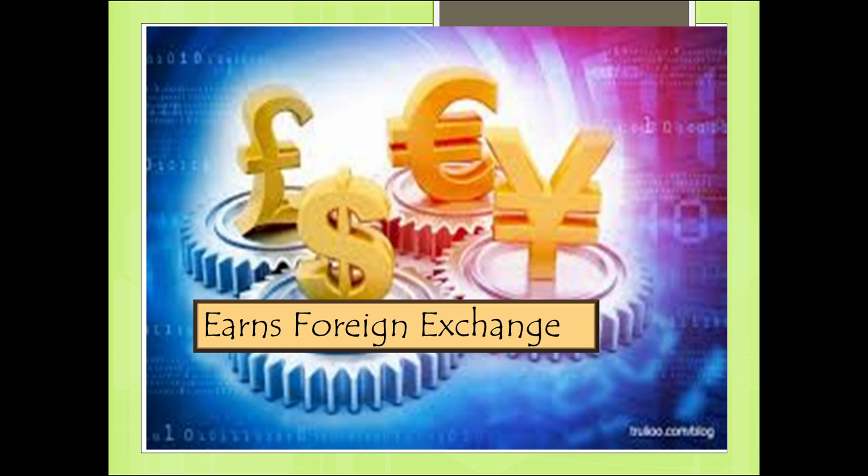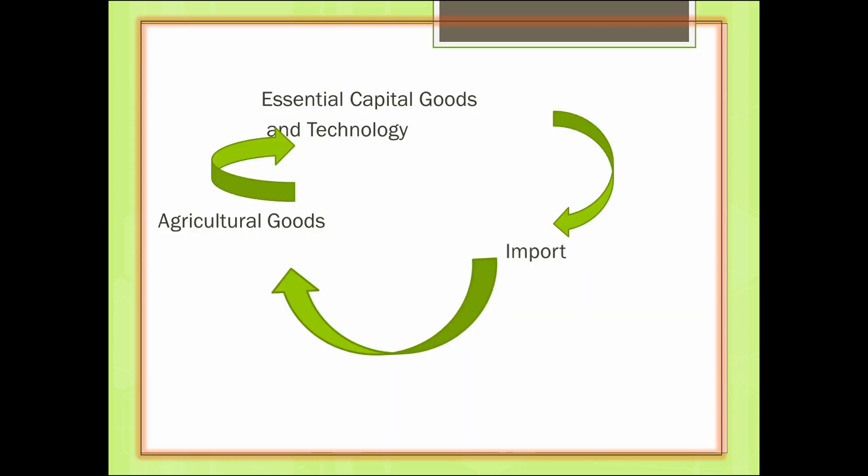To earn more foreign exchange from many nations, we need surplus production of agricultural goods from our own country. When we produce more surplus commodities, we can go for foreign exchange. So this is the second role of agriculture.